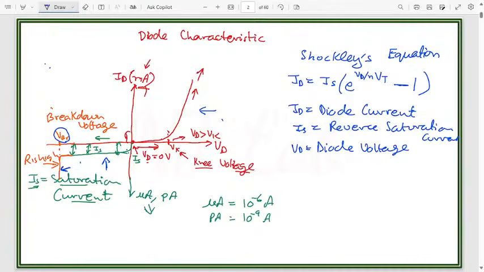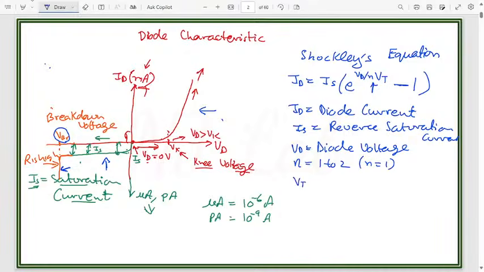Then N or eta: this factor N is equal to 1 or 2, meaning its value ranges from 1 to 2, and it depends on the physical construction of the diode. Typically, if nothing is mentioned, we simply take the value of N as 1.